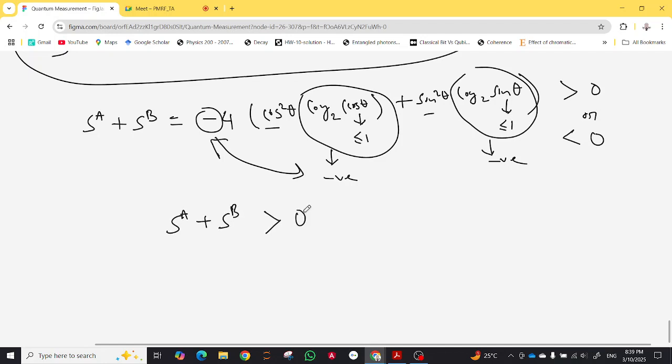As I told you, just check, you will get SAB equal to 0. That means SA plus SB is greater than 0, so you can say SAB is less than SA plus SB.